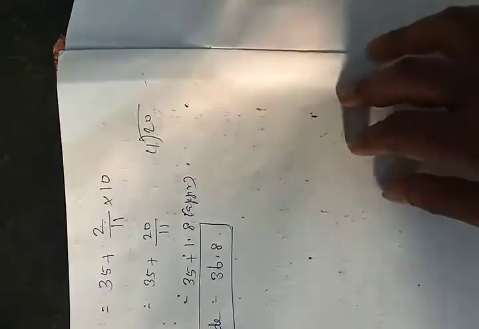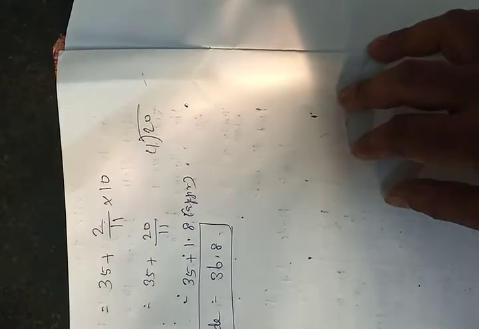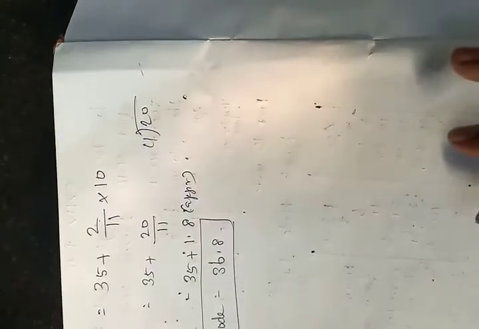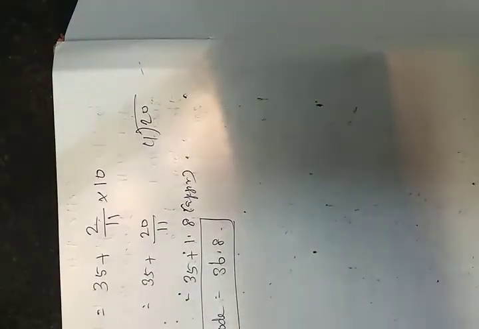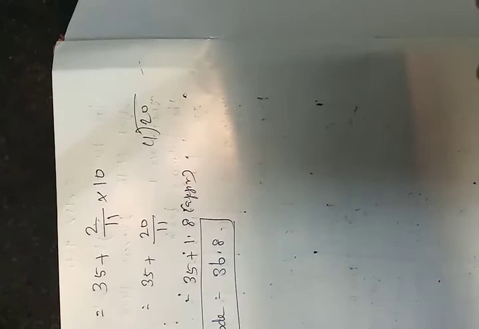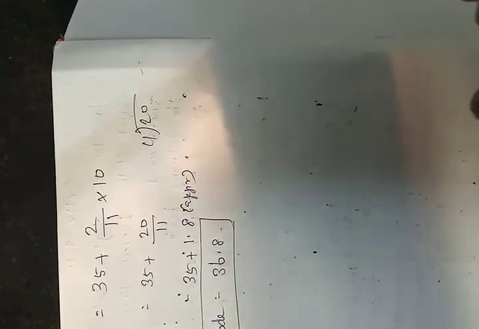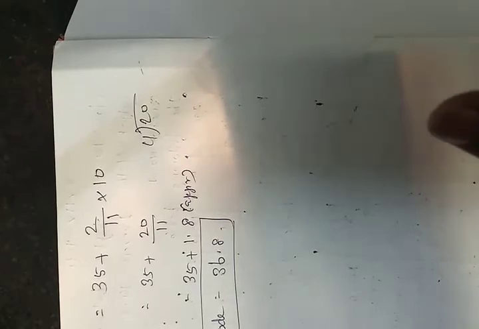This is the deleted area from 2020 to 2021. Once again, repeat: the 2022 and 2021 deleted portion is the step deviation method for finding the mean, only deleted.